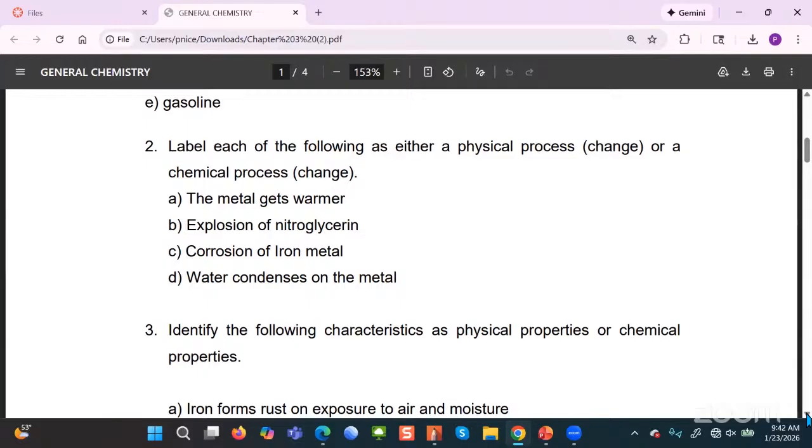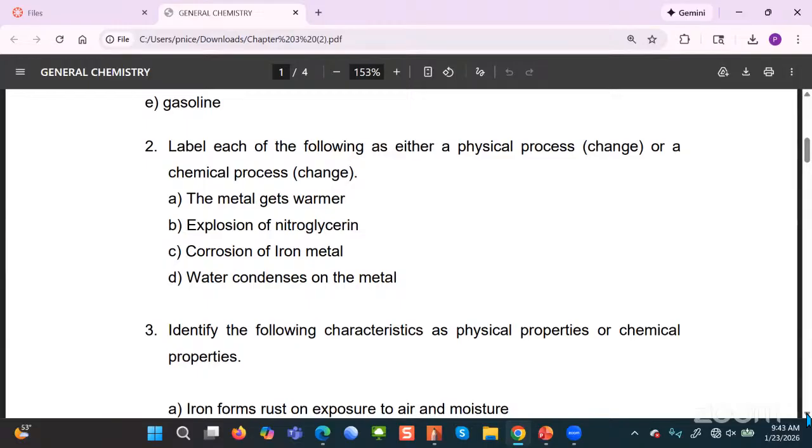To use an example that is not in this list, liquid water, H2O, you can cool it to a low enough temperature that it becomes solid. That would be an example of a physical change, because you're not changing the composition of water. It's still H2O.